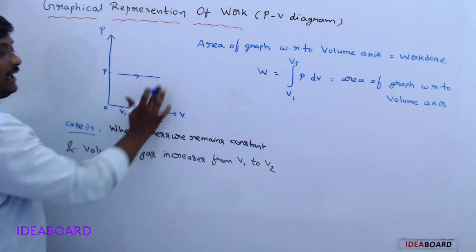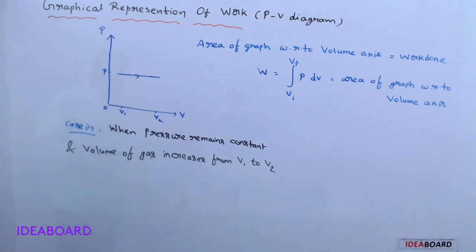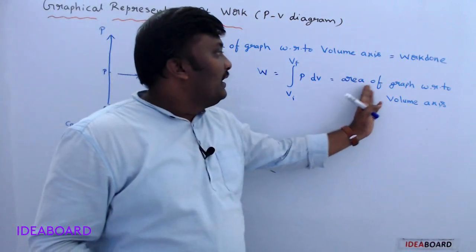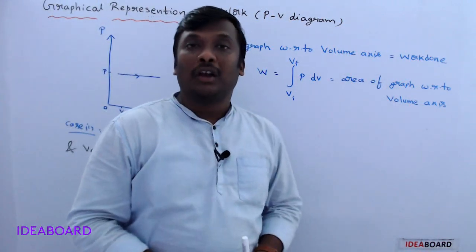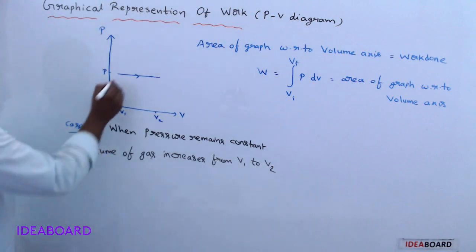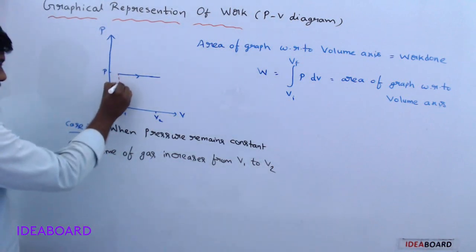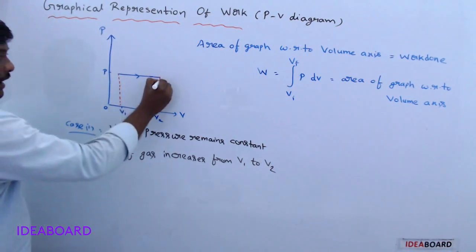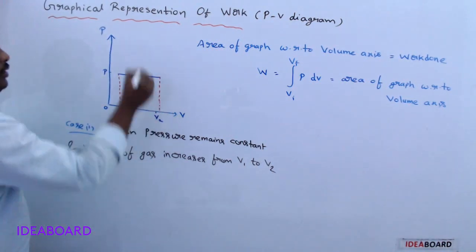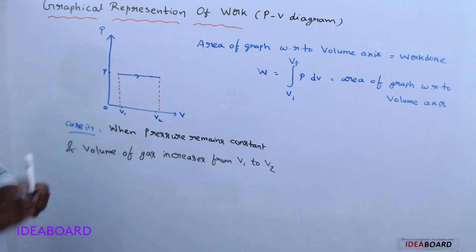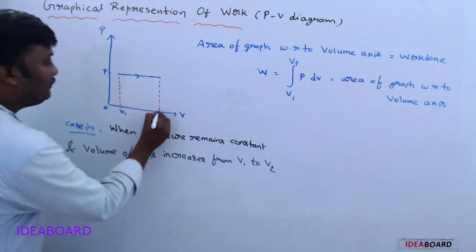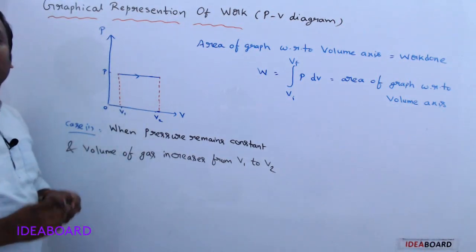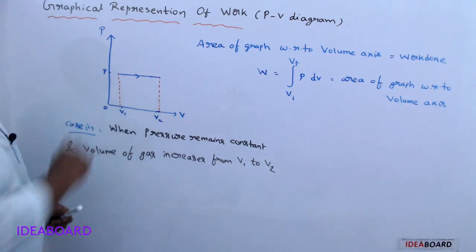For work done we find the area of the graph with respect to the volume axis: draw a normal here and another normal here to the volume axis. This bounded area always indicates the work done.